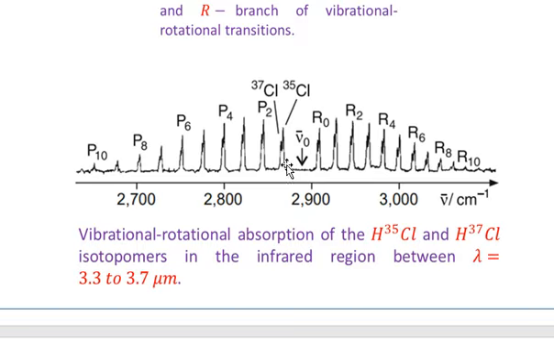So each of these peaks is due to two isotopomers of chlorine, one is chlorine 35, the other is chlorine 37. The caption of this one is: vibrational rotational absorption of hydrogen chloride 35 and 37 isotopomers in the infrared region with the wavelength varying from 3.3 to 3.7 micron.